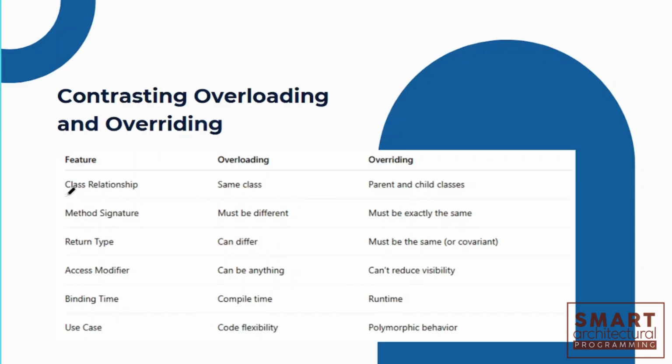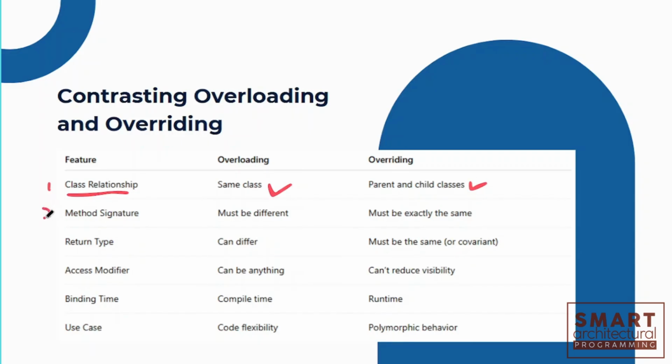So let's look at feature number 1 here, right? Class relationship. Class relationship in overloading is the same class, because we have both methods in the same class, right? And class relationship in overriding is parent and child classes. We've covered that, right? I'm going over these differences here so we can put it in clearer contrast after covering the concepts, so you can internalize this and make it more intuitive.